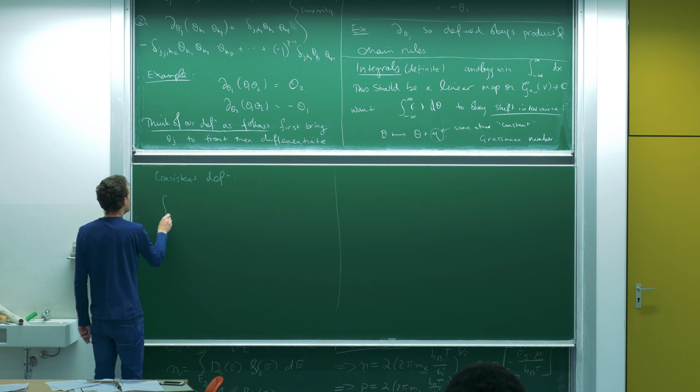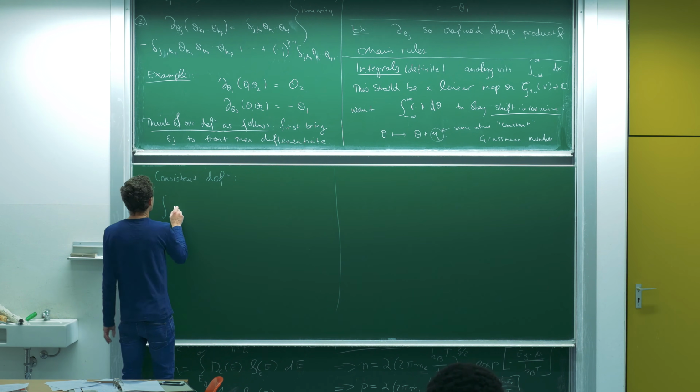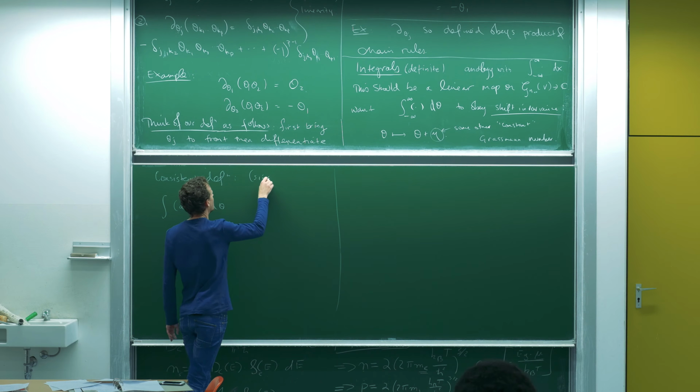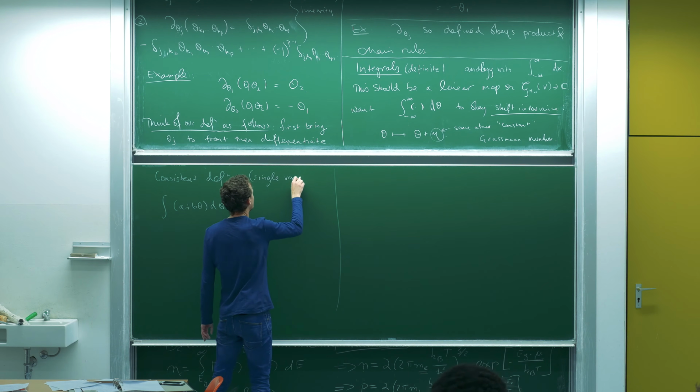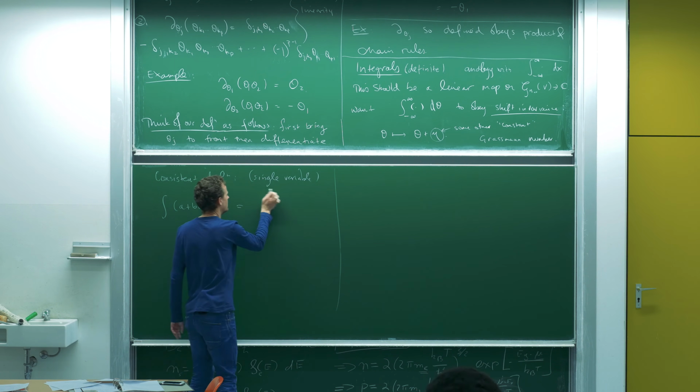And that is that integral, I'm going to drop the limits because they don't make any sense anyway for Grassman numbers, that the integral of a plus b theta is b.